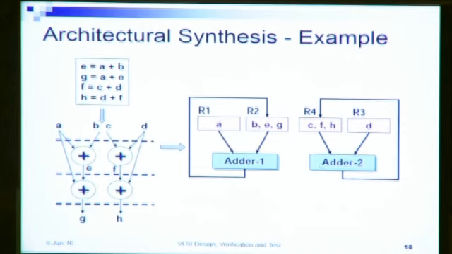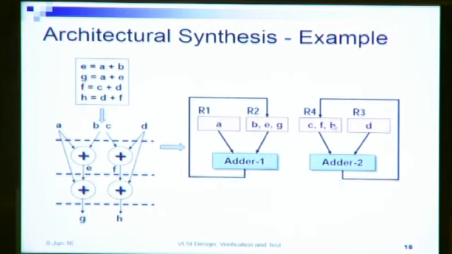The same thing happens for the other adder. For the other adder, firstly C and D are the input. At time step 1, C and D are driven to adder 2. The result of addition is F and is driven to register R4 and not to R3 by using a demultiplexer at the output of adder 2.